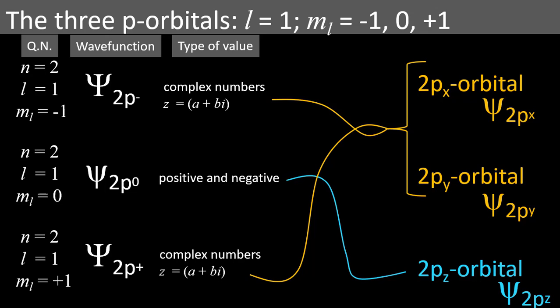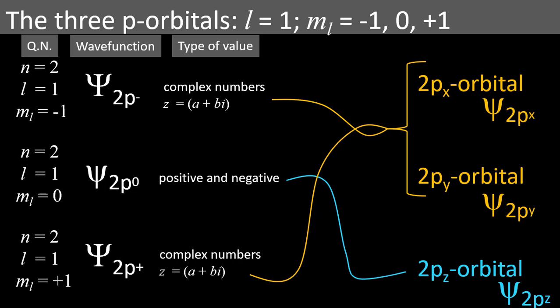It's okay though. As a mathematical trick, the psi 2p0 is aligned along the z-axis, and we can relabel this the psi 2pz orbital. The two complex functions can be combined in such a way as to eliminate the imaginary component, producing a px and a py orbital.